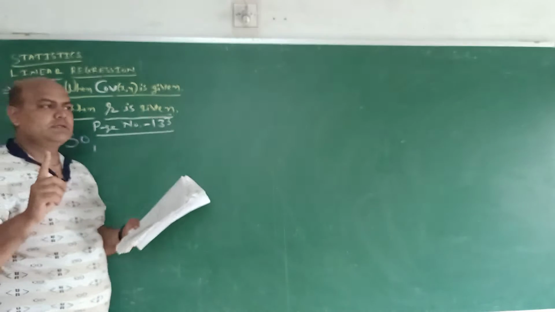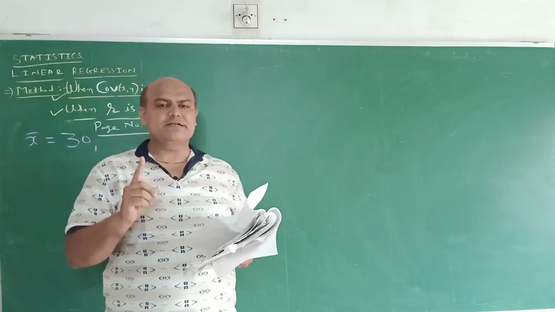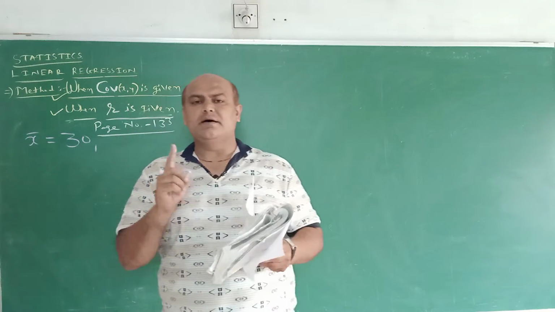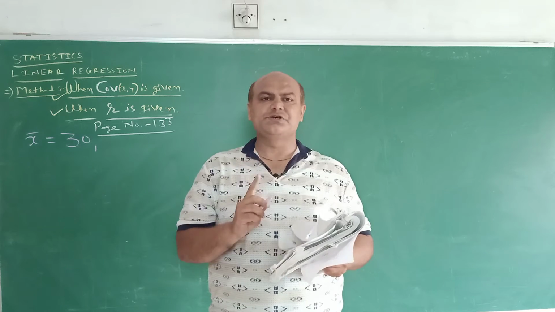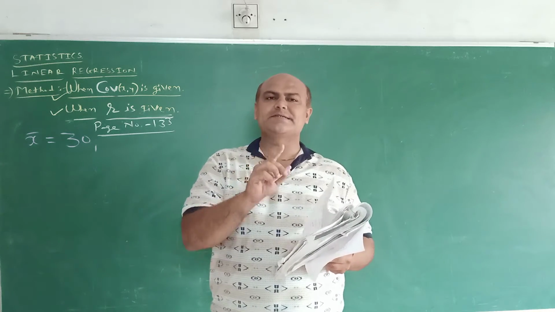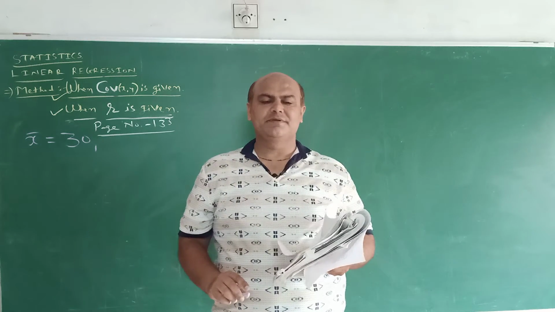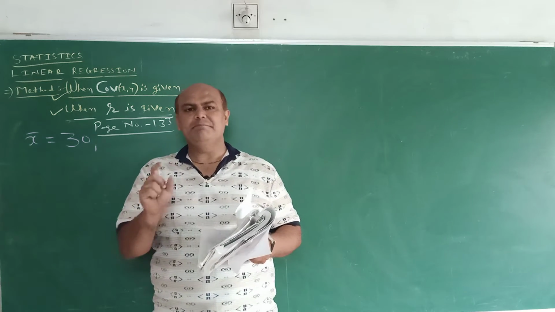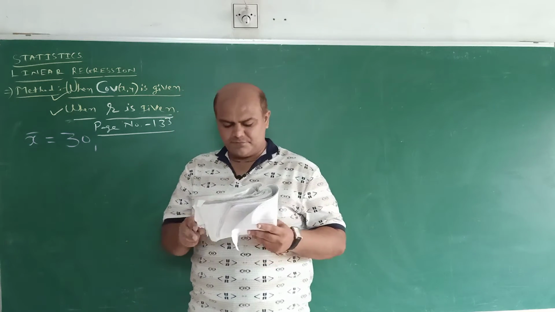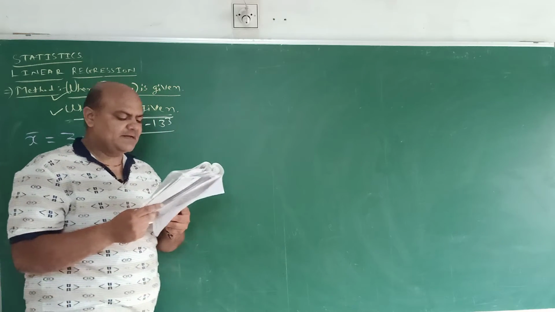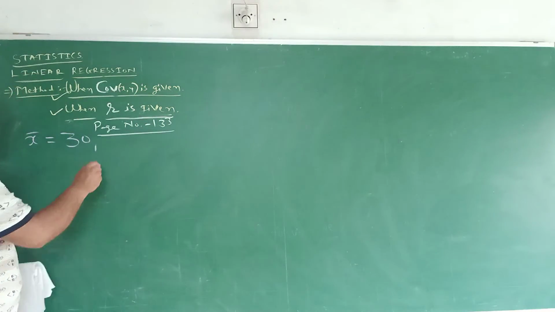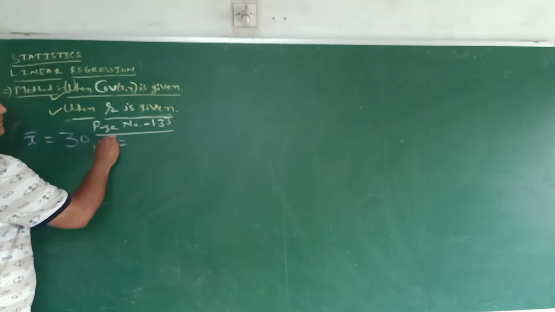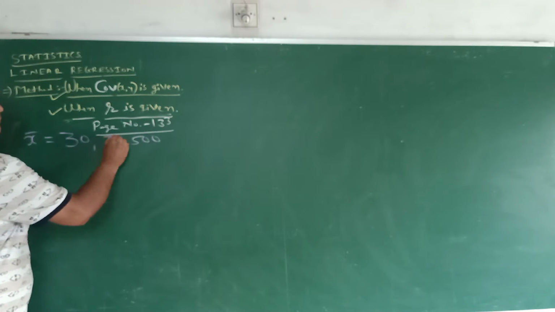Remember students, mean is also X bar and Y bar, and another name of mean is average. Clear? So X bar is 30. Y bar is 500.